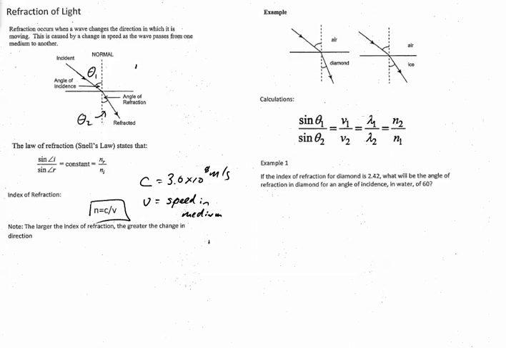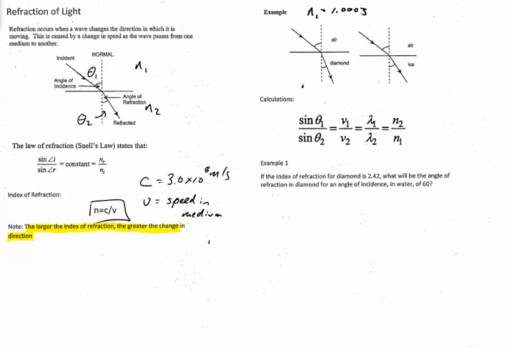And so we would say that the first index is n1 and the next index is n2. And what I want to point out here is the larger the index of refraction, the greater the change in direction. So conceptually, what does that look like for us? If we jump over to the other side here, we can see two examples. The first one is traveling from air into diamond. Now the index of refraction for air is given as 1.0003.